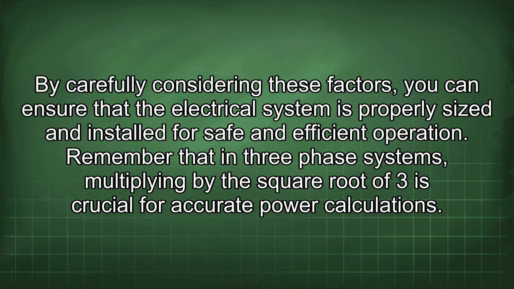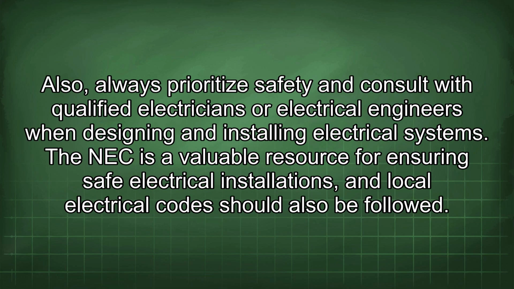Remember that in three-phase systems, multiplying by the square root of 3 is crucial for accurate power calculations. Also, always prioritize safety and consult with qualified electricians or electrical engineers when designing and installing electrical systems. The NEC is a valuable resource for ensuring safe electrical installations, and local electrical codes should also be followed.